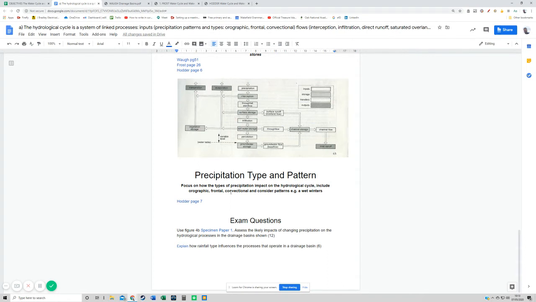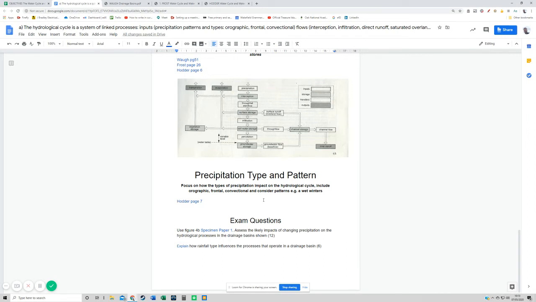Just to summarize, the convectional rainfall is really intense, so as a percentage of how much falls, the infiltration tends not to be able to keep up with it, which means a lot more water is left on the surface, so there's more surface runoff.